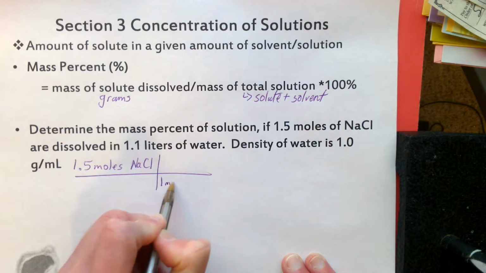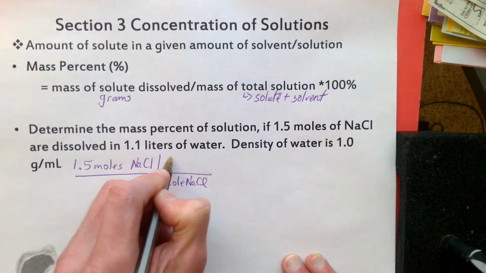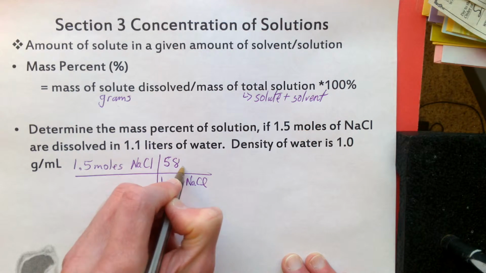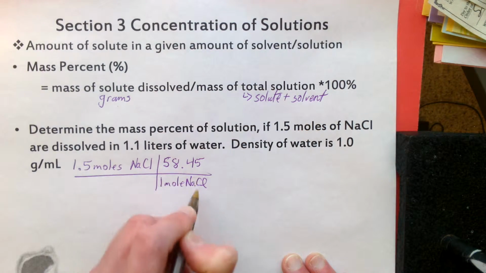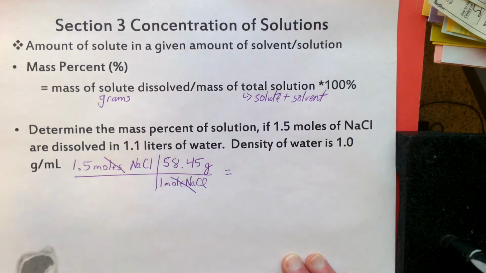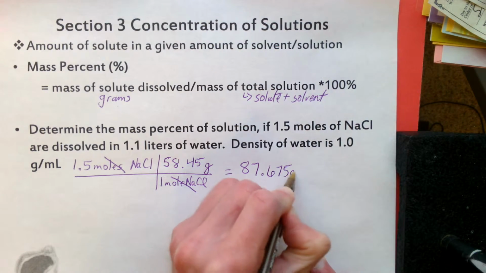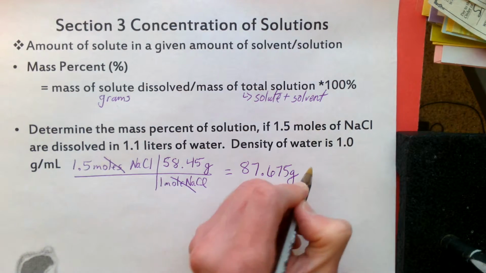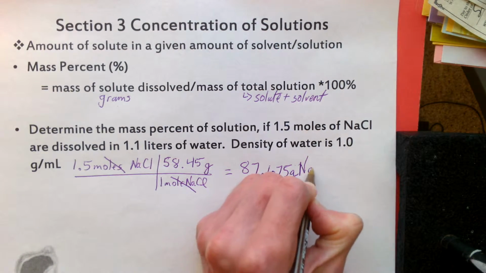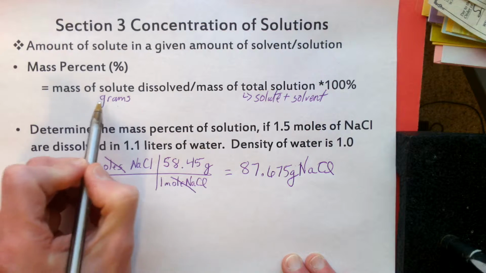So we need our molar mass, and we did this in an earlier example: 58.45 grams. So 1.5 times 58.45 comes out to be 87.675 grams. I'm carrying some extra sig figs because I don't want to round until the very last step. That's the mass of the solute.